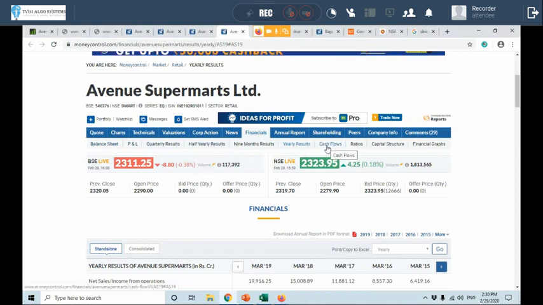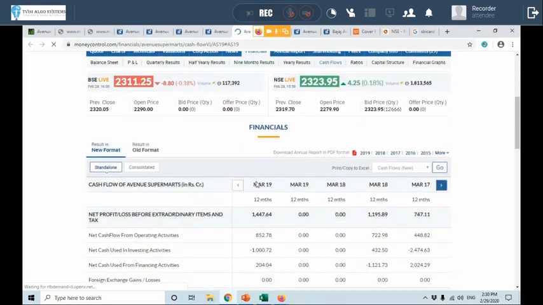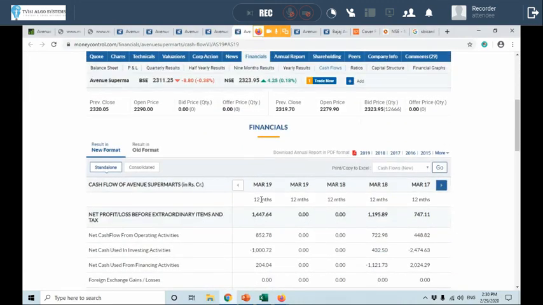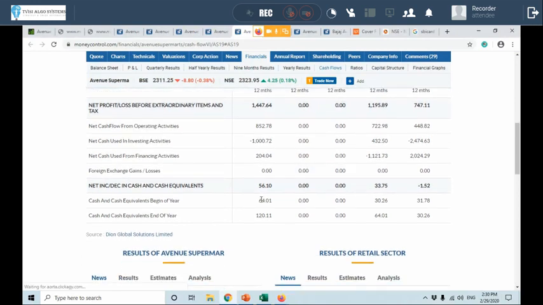Cash flows yearly. They have not given us a breakup for this capital expenditure, so I am taking this as capex.